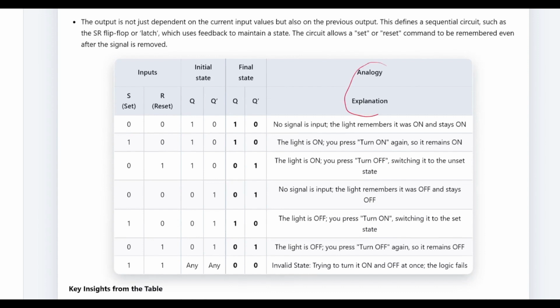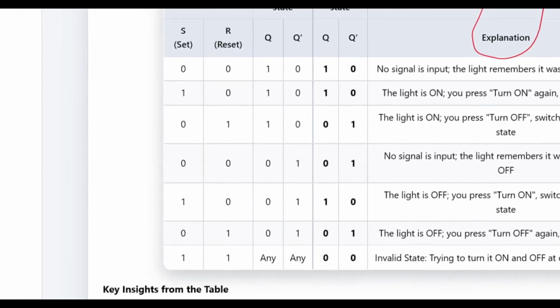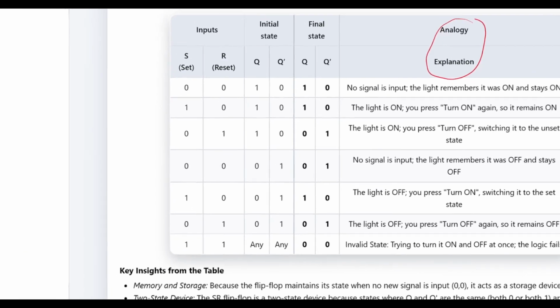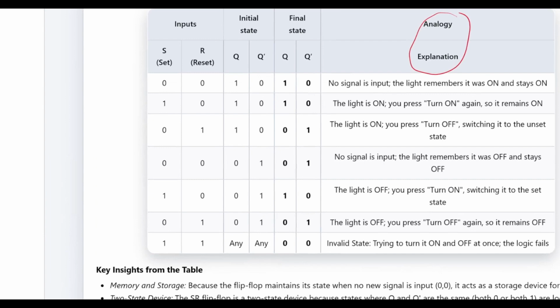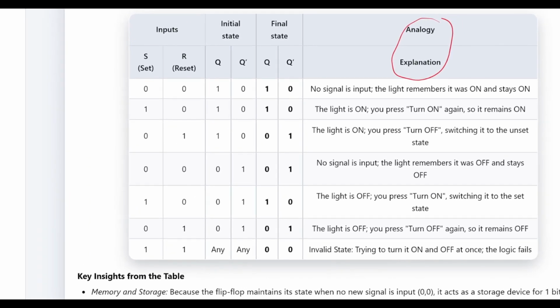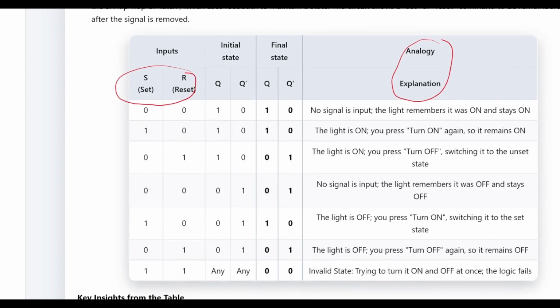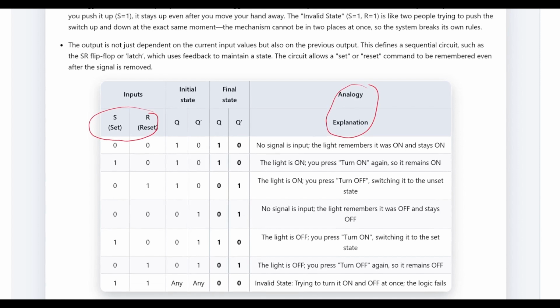I added an analogy explanation to make it easier for you. Imagine this is the action, meaning we will turn on the lights.